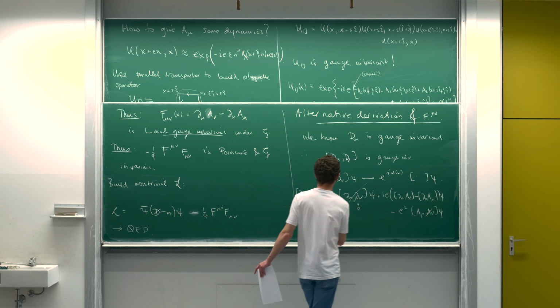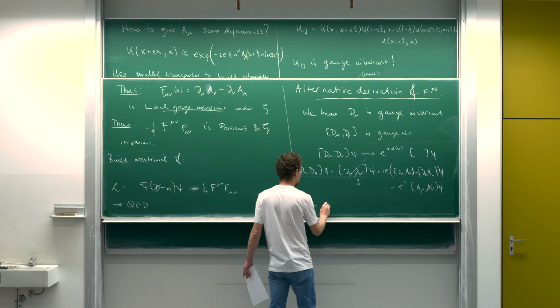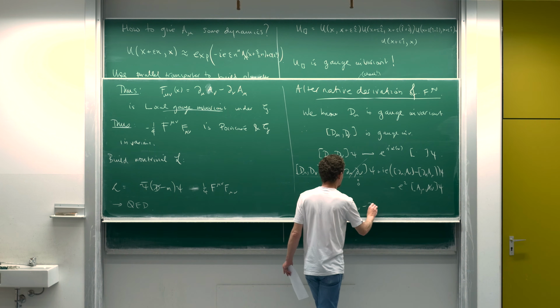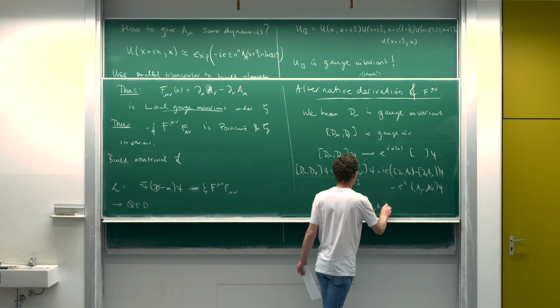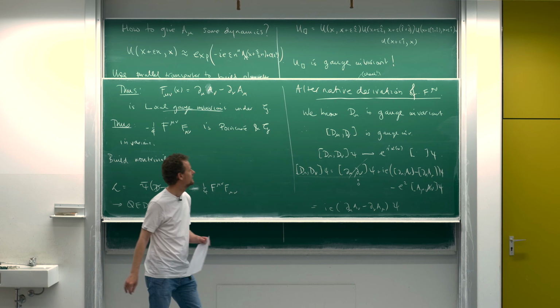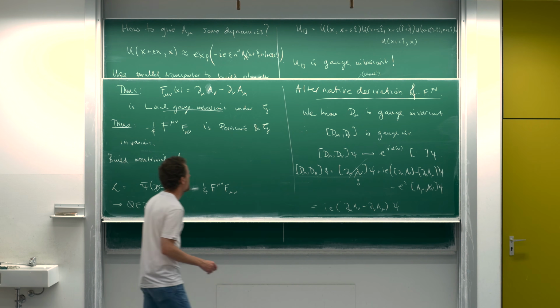It's gone. What are we left with? Well, same thing as before. Cool, huh? So the commutator of the covariant derivative is the curvature tensor.